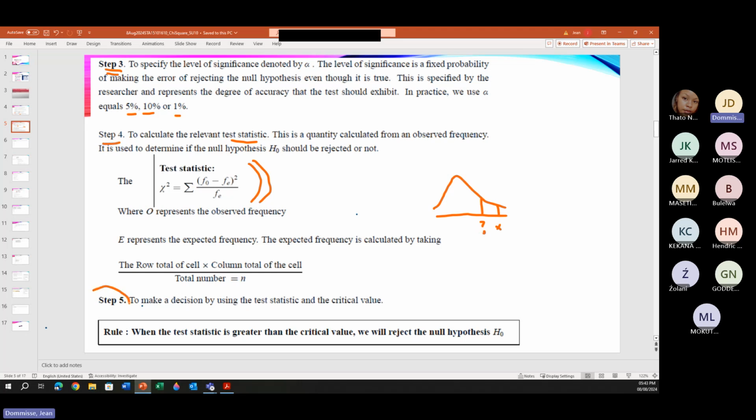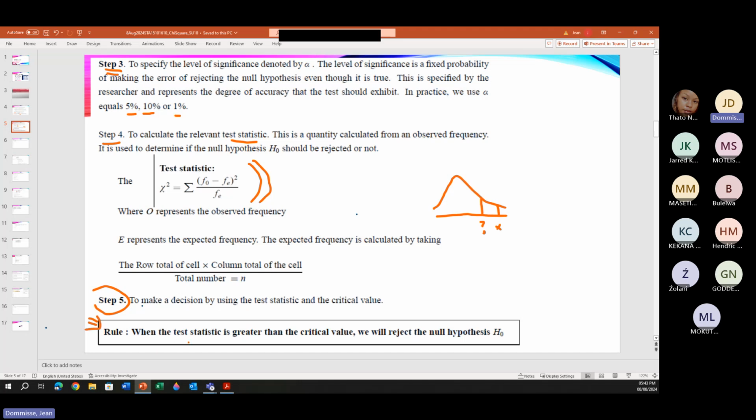Then we need to make a call again, like we did with study unit 9's hypothesis testing, where we needed to say whether we accept or reject the null hypothesis. They've made it a bit clearer in this one.